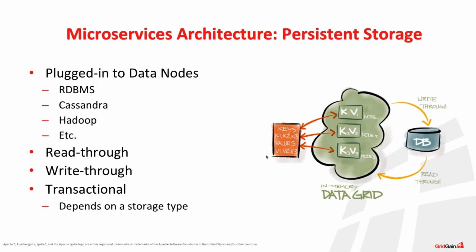And the final component of this suggested architecture is our persistent storage. Apache Ignite is presently an in-memory distributed system, and so by default all the data that is pushed into the cluster is stored in a distributed fashion in memory across all your data nodes.